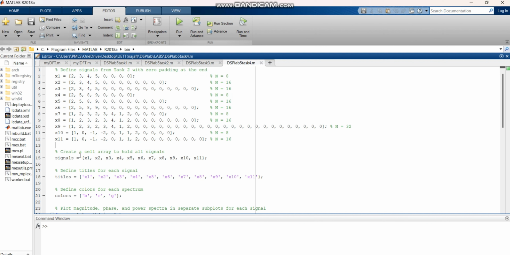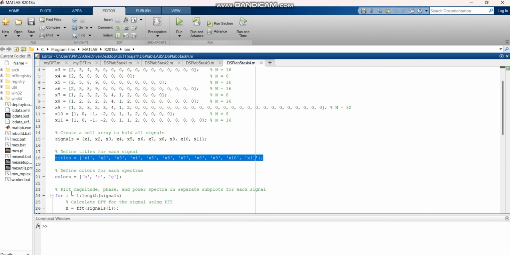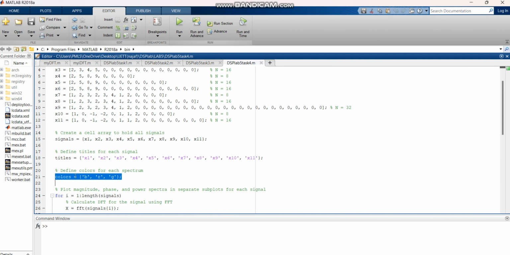Then we created a cell array signals to hold all these signals. Then we define titles for each signal. Next we define colors for each spectrum plot in cell array colors.